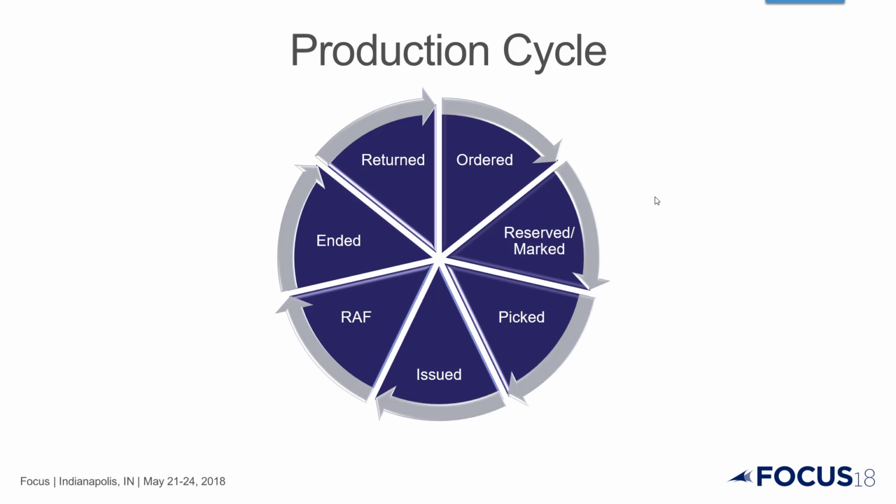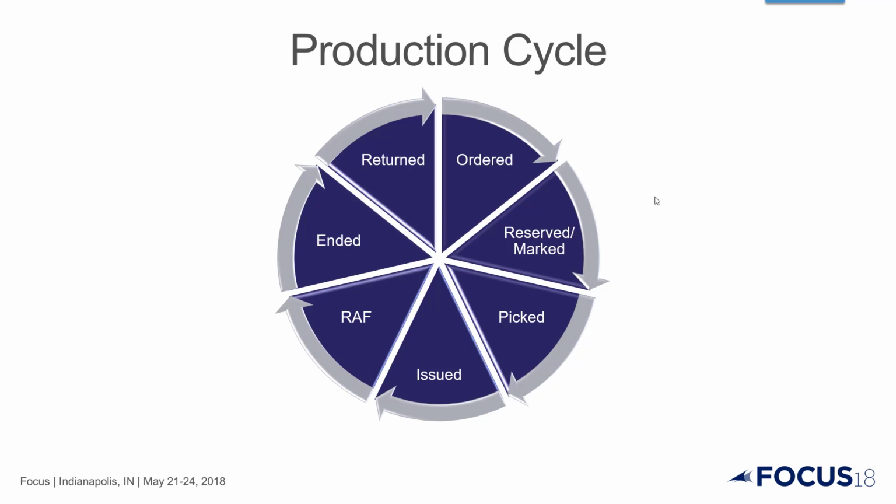RAF is again the physical inventory transaction. It says this is what I think it's going to cost, and it either comes out of the system as standard or at what's called an estimated cost, which is based on the current bill of material and routing. The assumption is that's what it's going to cost.